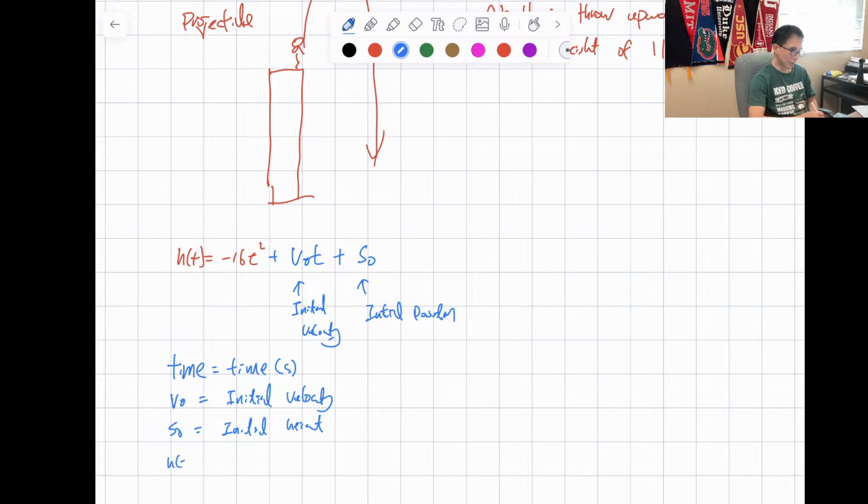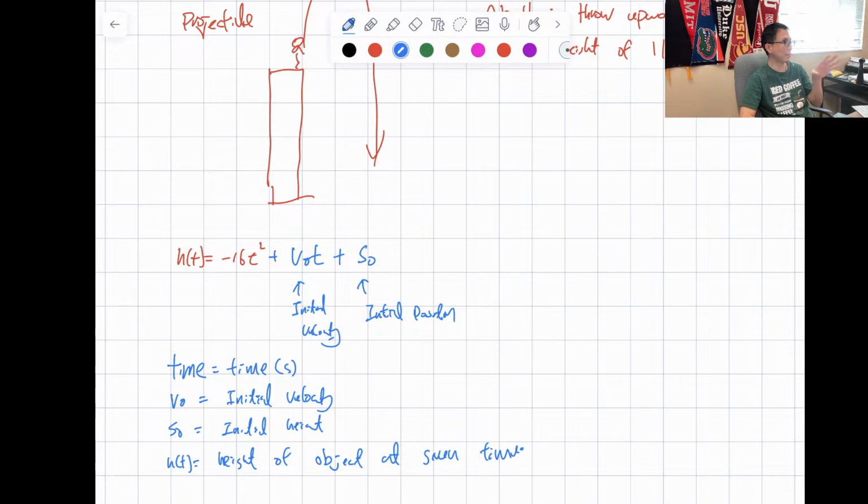What does h of t stand for? h of t means the height of the object at a given time. That's all the possible things you can have. Some people say this equation is very hard to remember. Just memorize the three parts: where you are, plus how fast you throw up times time, plus the gravity and time involvement.